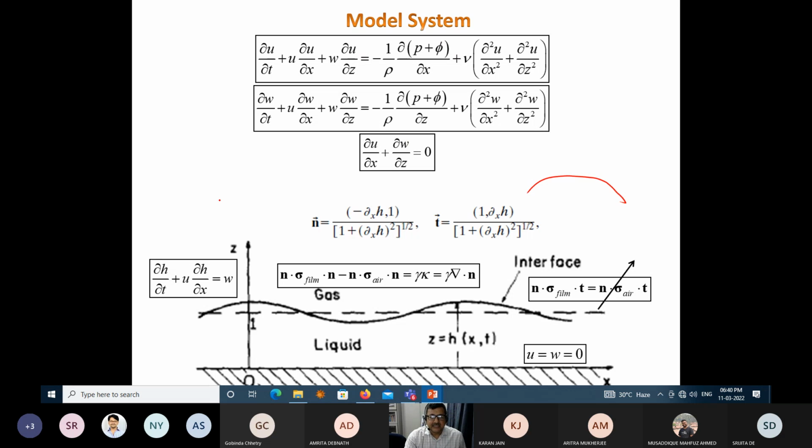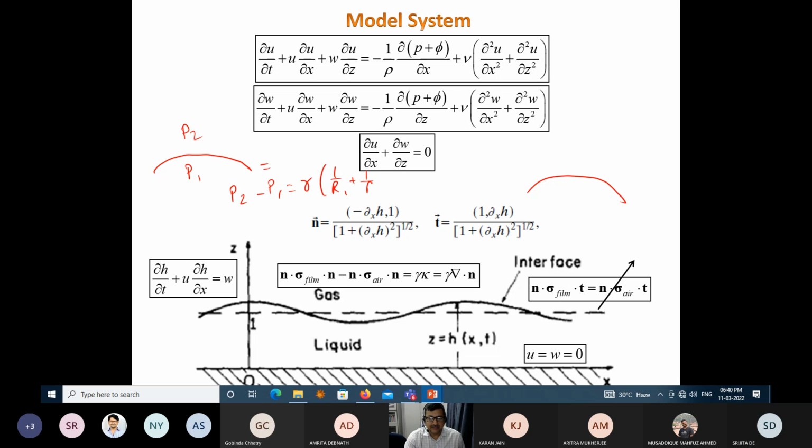Anybody remembers what the Young-Laplace equation is? If you have a curved surface, with pressure P1 here and pressure P2 there, then what is the Young-Laplace equation? P2 minus P1 equals gamma into 1 by R1 plus 1 by R2.